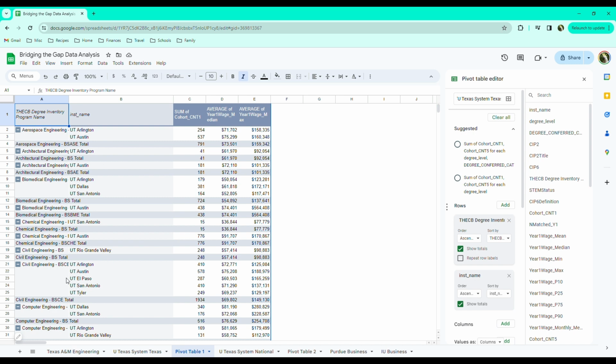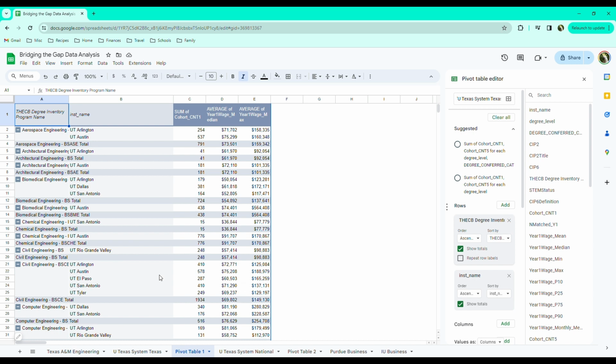So if I'm going to major in civil engineering and I'm looking at, should I go to Arlington, Austin, El Paso, San Antonio, Tyler? A lot of times you'll make that decision based on where you live. Maybe you can live at home, but if those types of things are not a factor, is it worth spending a lot of money to pay for housing in another location? These kinds of comparisons can help you.